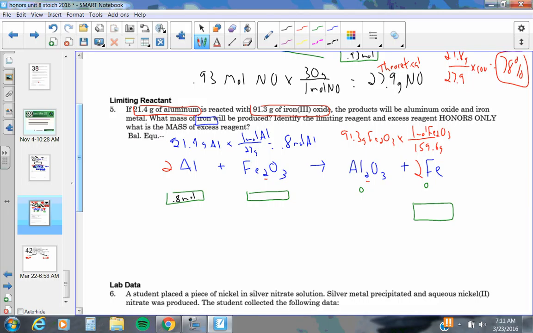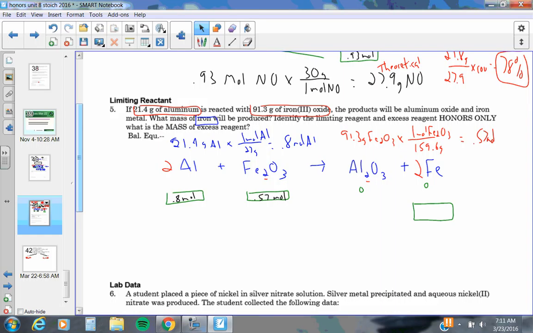That's adding up 2 irons and 3 oxygens. That's going to equal 0.57 moles.